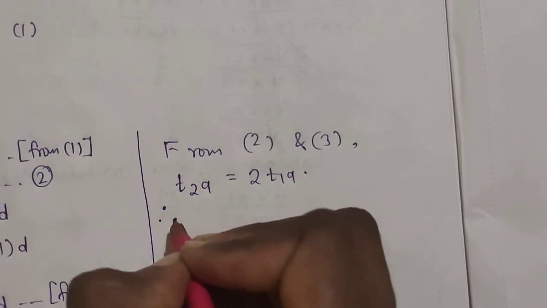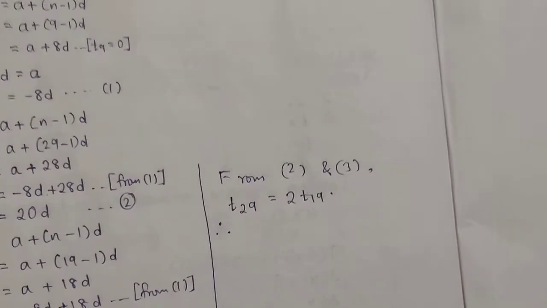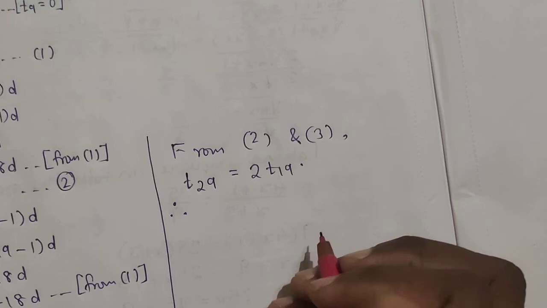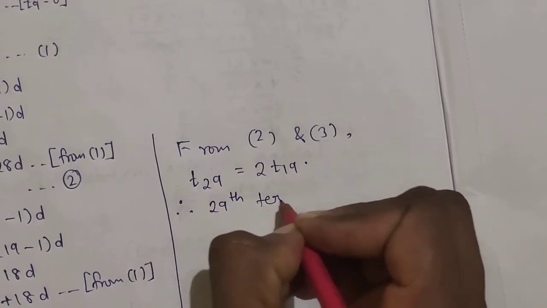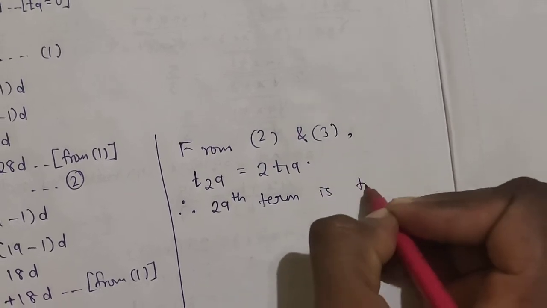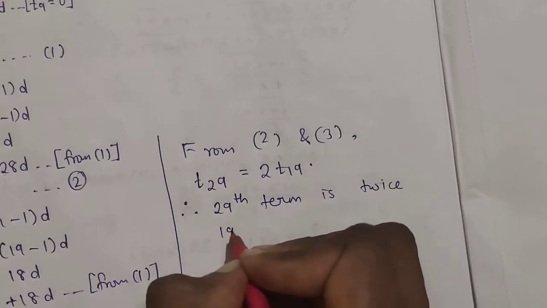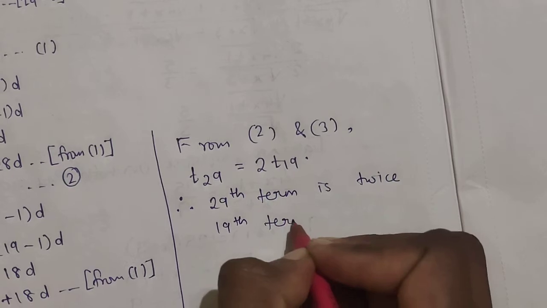Therefore you can write your final answer that the 29th term is twice the 19th term. Hence we have done the proof.